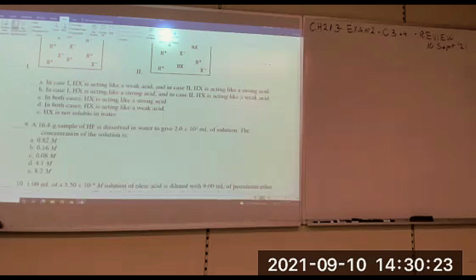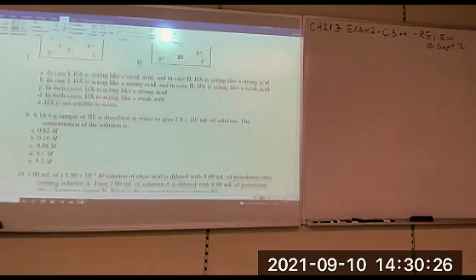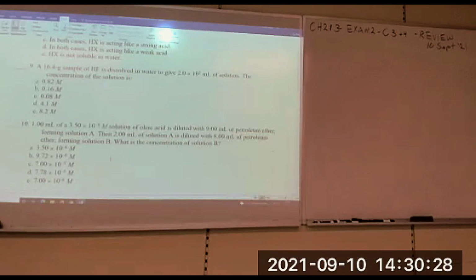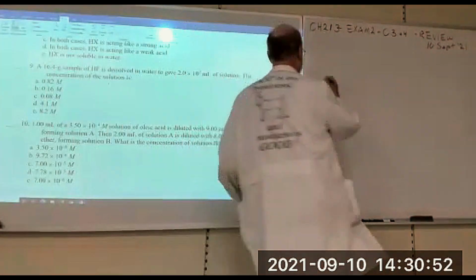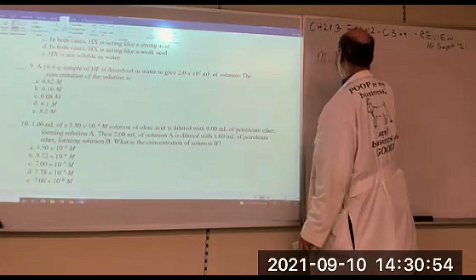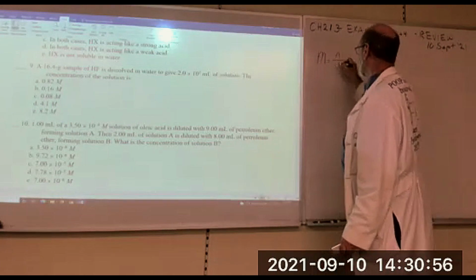How about the concentration? Can you figure the concentration here in molarity if you're given the grams of the solute and the volume? Now, in this case, the reason we're given grams of HF and not volume of HF is that we have to assume molarity is defined as moles of solute per volume of solution.